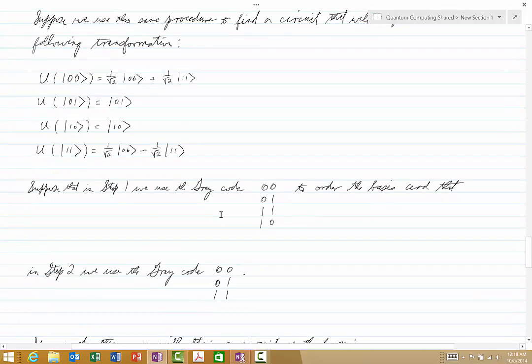Now, suppose that in step 1 we use this gray code to order the basis, and that in step 2 we use this gray code. Notice that the first entry in this gray code is the first state that is non-trivially affected by U, and the last state in that code is the second state that is non-trivially affected by U. And so we're going to use this gray code for that in step 2.